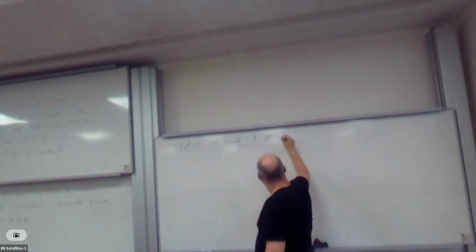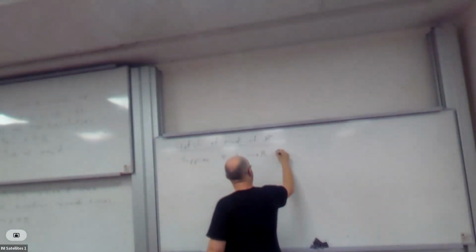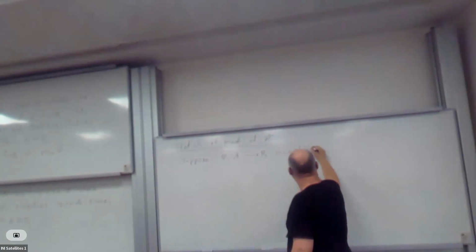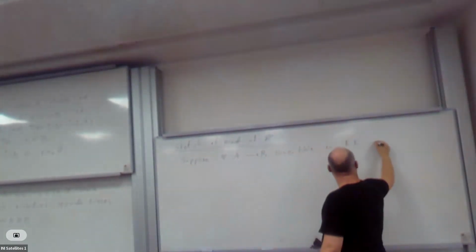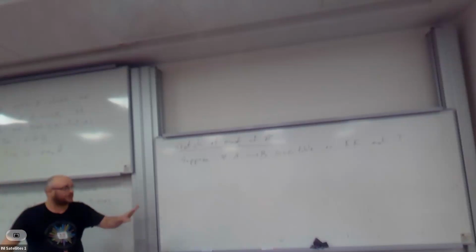So there is a map A to B that is invertible in KK and traces, and you have to somehow deform it to have an inverse.